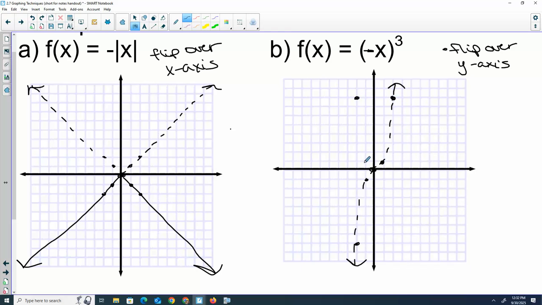This is 1, 1, so it goes to negative 1, 1. 0, 0 stays. Questions about those?